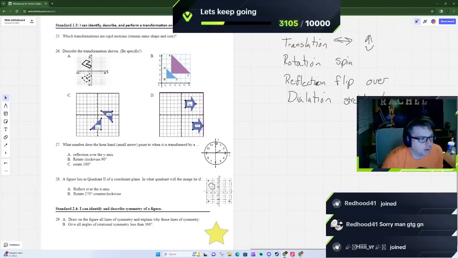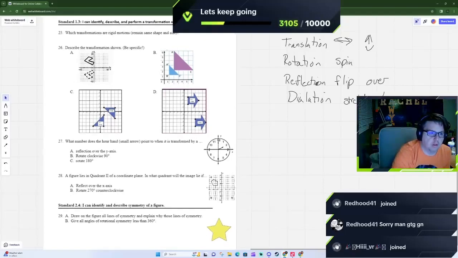So when they talk about an image, sometimes you're like, yeah, that's where you start, but it's actually not. It's the pre-image that is where you want to start. So this figure, being our pre-image, gets put over here on our image, and if you think about it, we're flipping it over. So that is going to be a reflection.